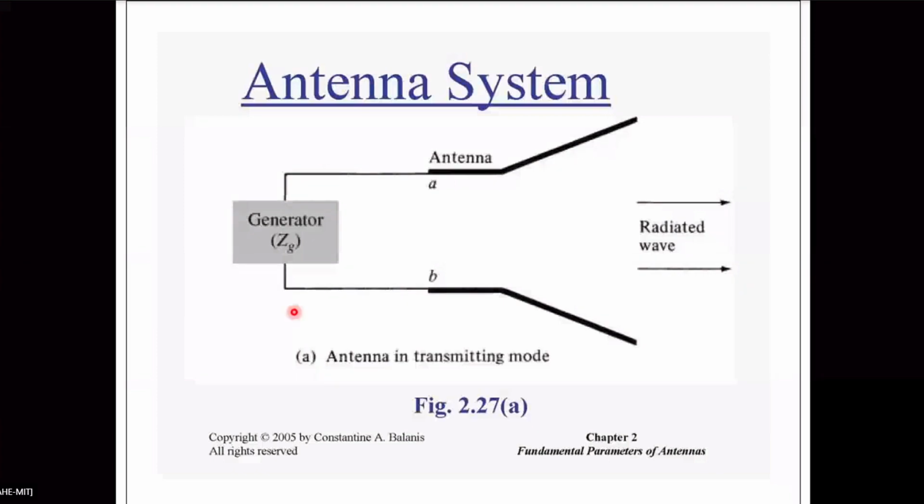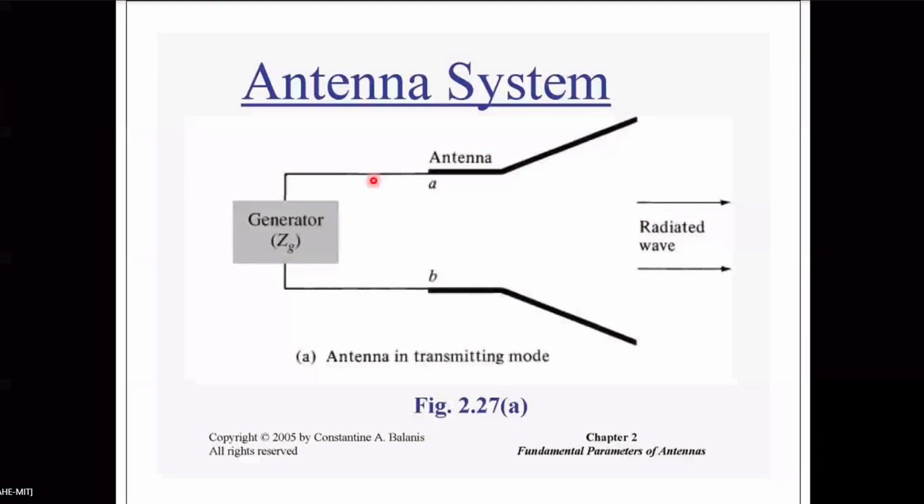We have a generator, which is an AC source feeding the antenna through the transmission line. This is a radiated wave. The generator has an internal impedance ZG and is feeding an antenna through a transmission line.